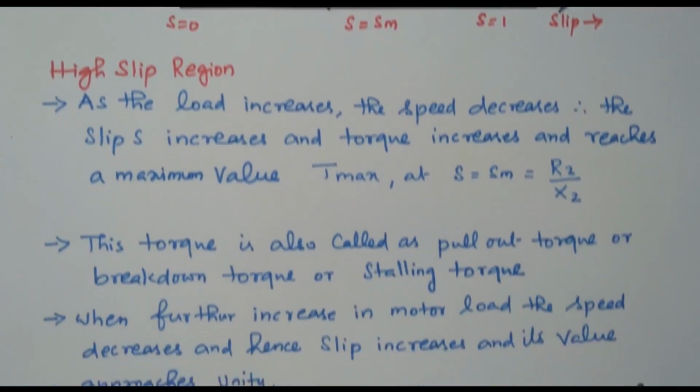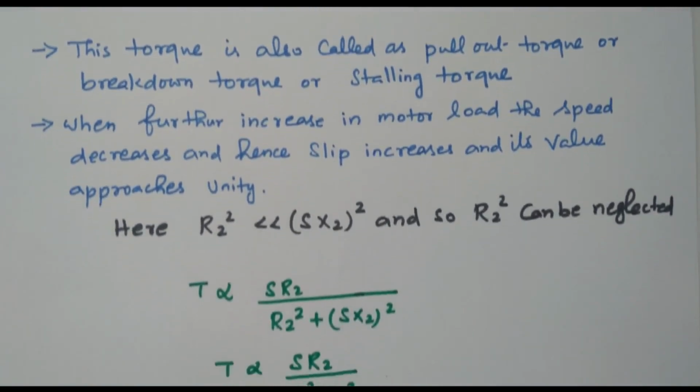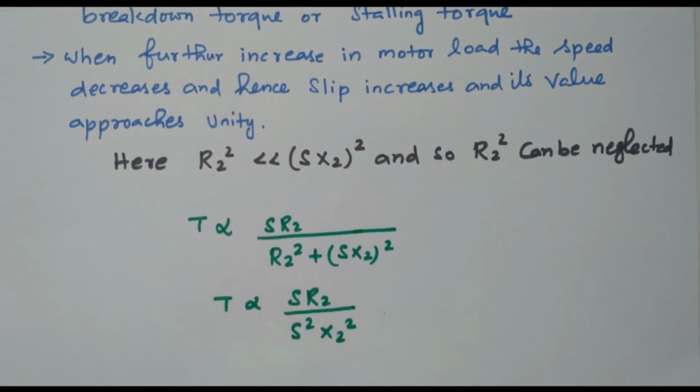Now, we will analyze what will happen if the slip is equal to 1. R2 square is very much less than S X2 square. This value is very small, this value will be more, so we can neglect the R2 square resistance value.